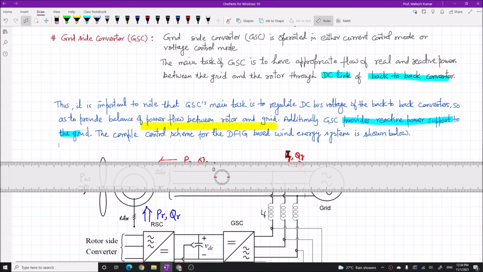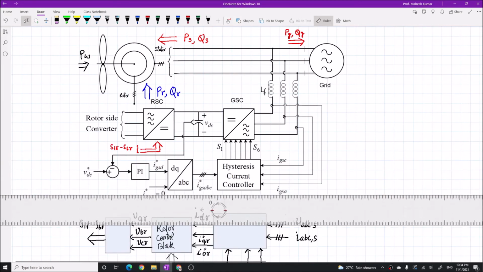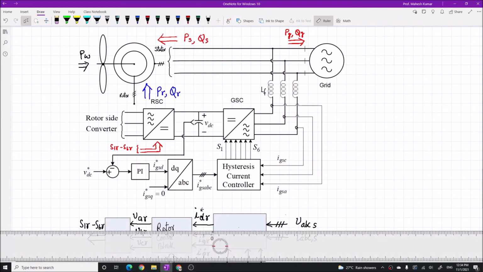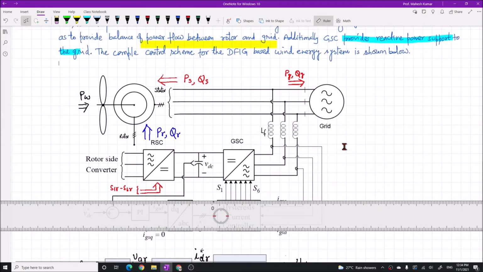Now, this is the complete scheme, as you can see from this diagram, which is the complete closed loop control scheme. This is the wind system here, and this is the power which is being delivered from the wind to the rotor blades, which rotates the rotor of the DFIG.